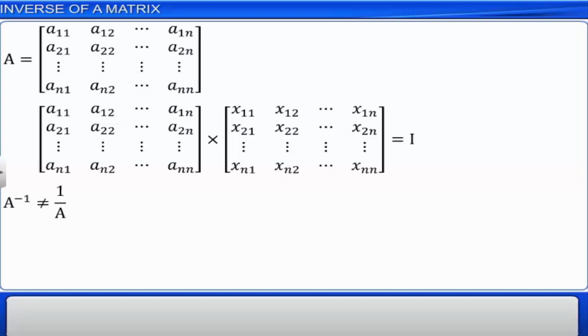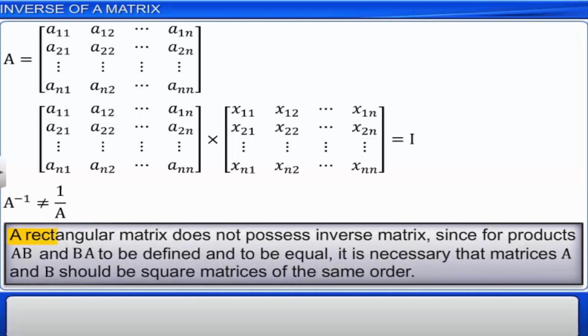It should be noted that a rectangular matrix does not have an inverse matrix, since for products AB and BA to be defined and to be equal, it is necessary that matrices A and B should be square matrices of the same order.